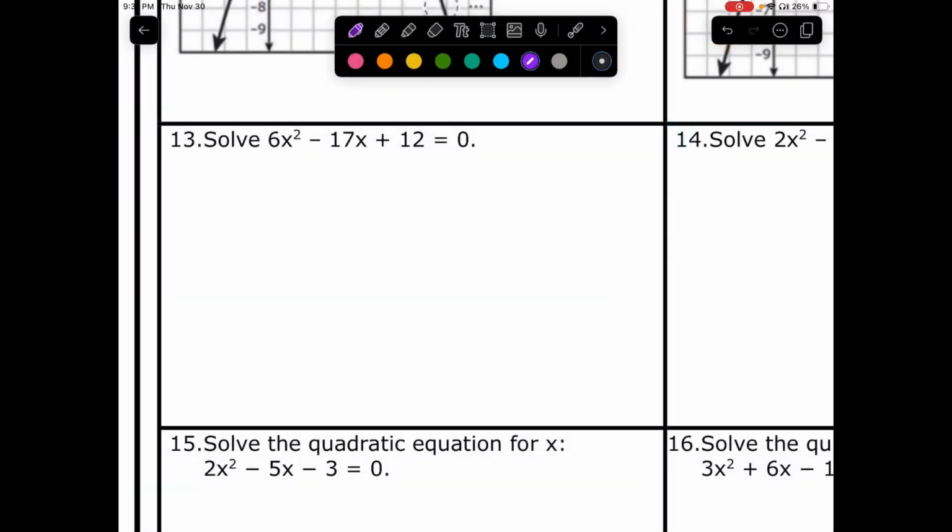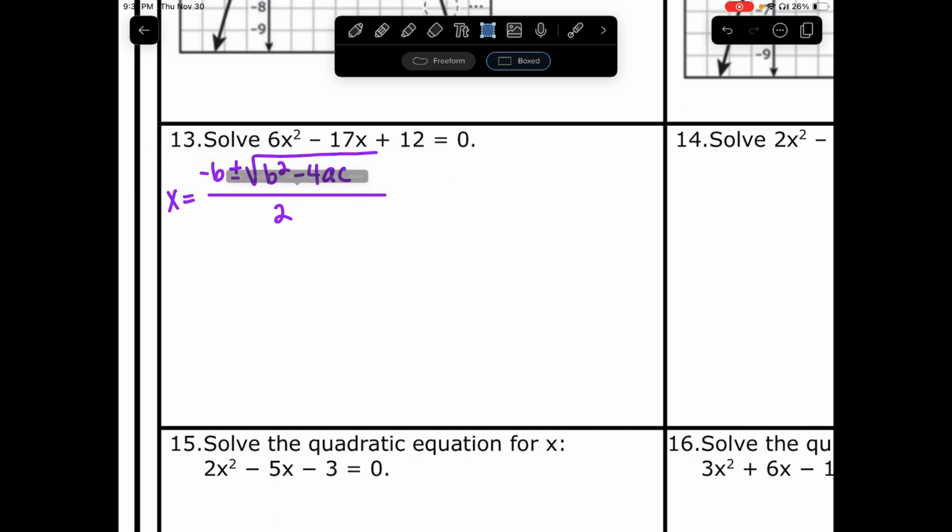So I'm going to use the quadratic formula to solve this. x equals negative b plus or minus the square root of b squared minus 4ac all over 2a. All right, so I'm going to substitute the values in the next step.